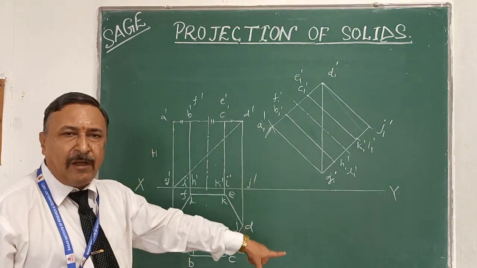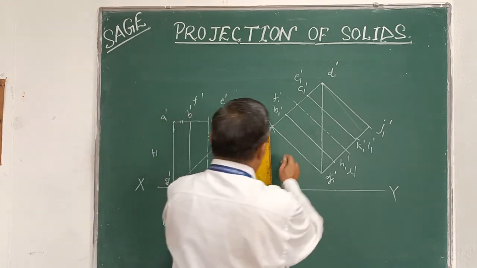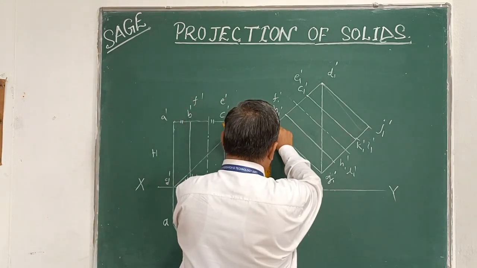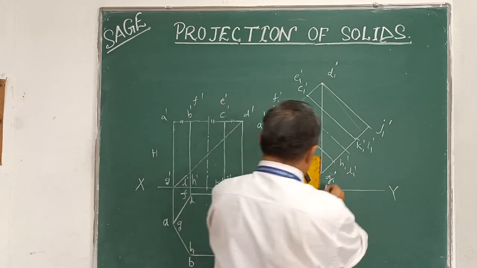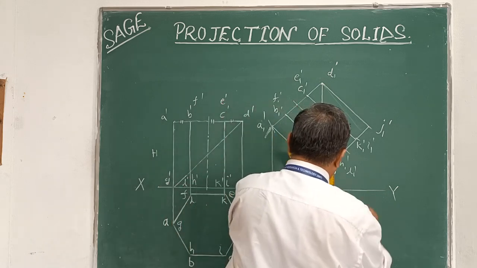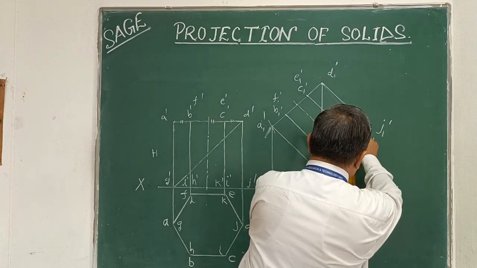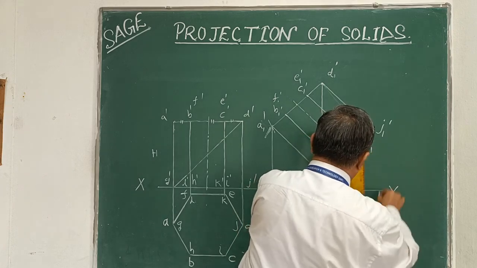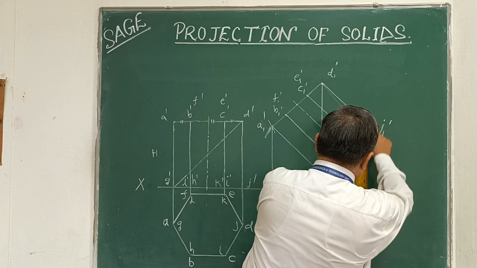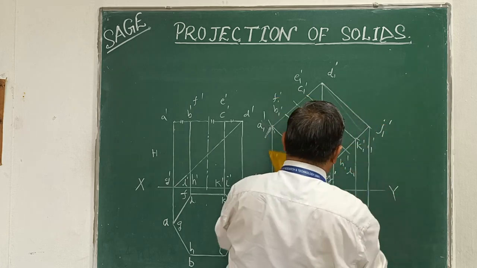Now we have to draw the top view. Now project it downward. Now, simple process of projection. Now the projectors are too many, so carefully draw all projectors through all points.